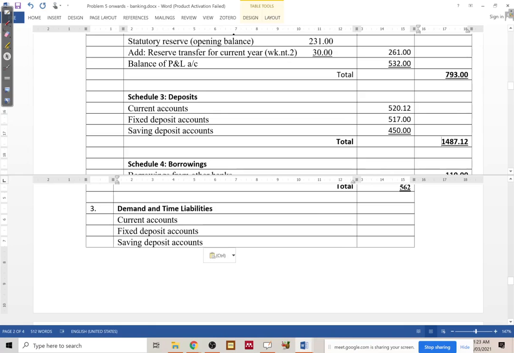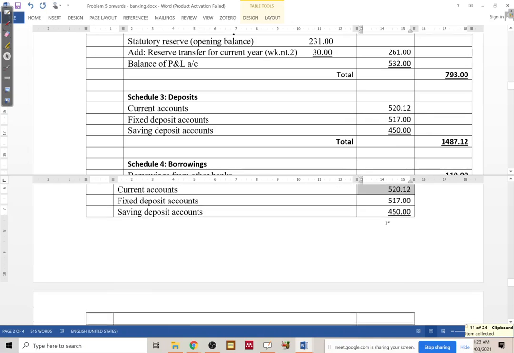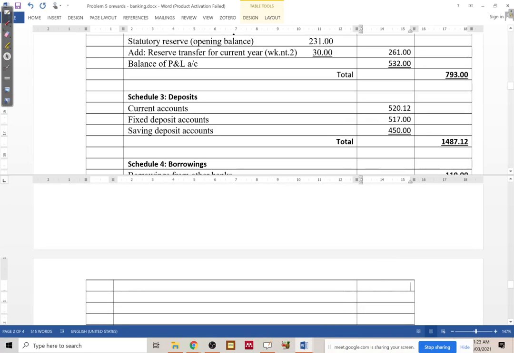We already have the total here, but we'll just show it separately. The total of those demand and time liabilities is 1487.12. Just write it here, total of demand and time liabilities.